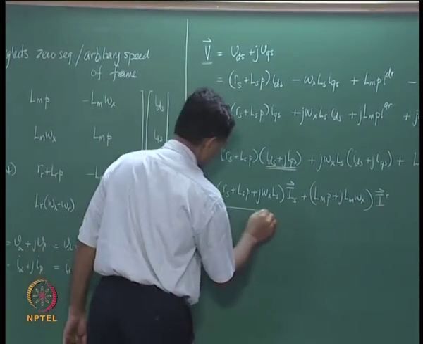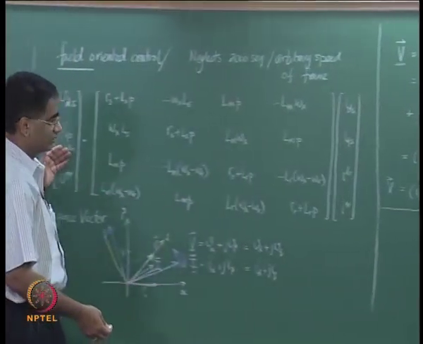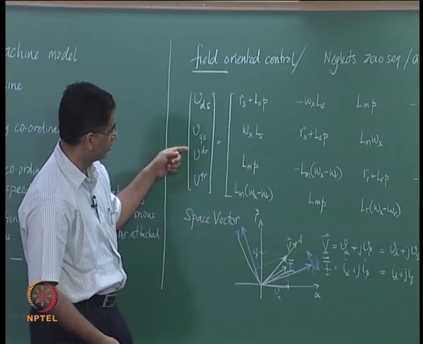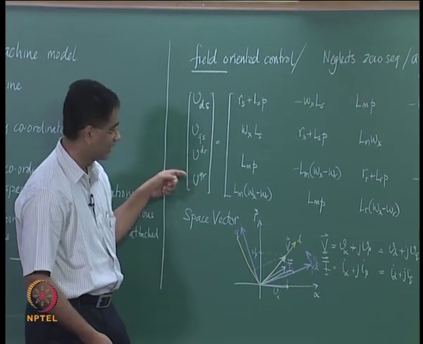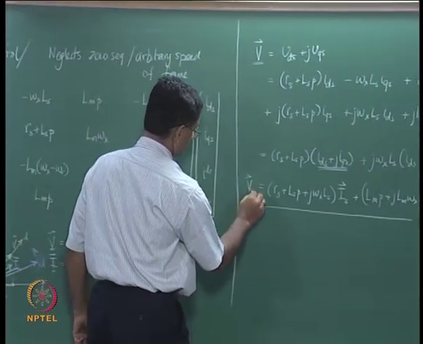So, this is one part of it. The next part belongs to the rotor. So, again what we do is take these two equations, add J times the second equation to the first. So, this is stator.